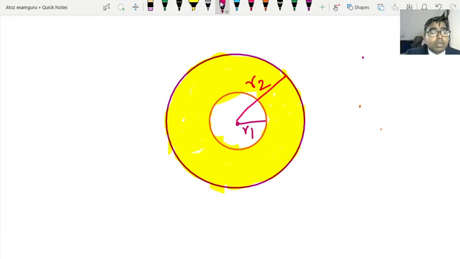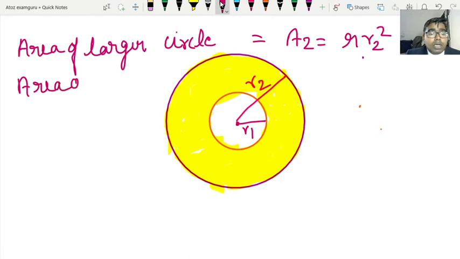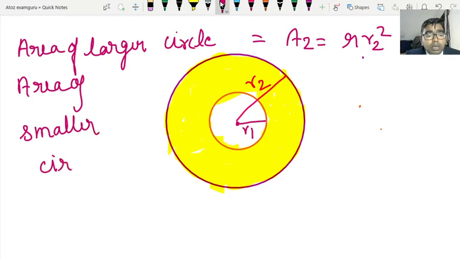Area of the larger circle, simply take it as a2 equal to pi r2 square, and area of the smaller circle is a1, and it is pi r1 square.